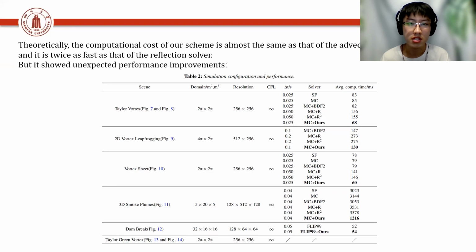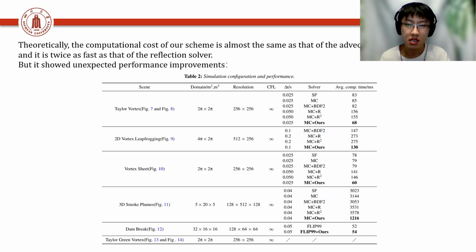This is because our method has applied the nearly correct pressure gradient to the velocity field before performing the most time-consuming pressure projection, resulting in the input velocity field of the Helmholtz-Hodge decomposition being almost divergence-free.